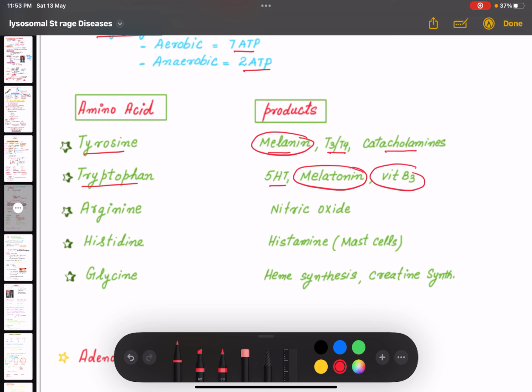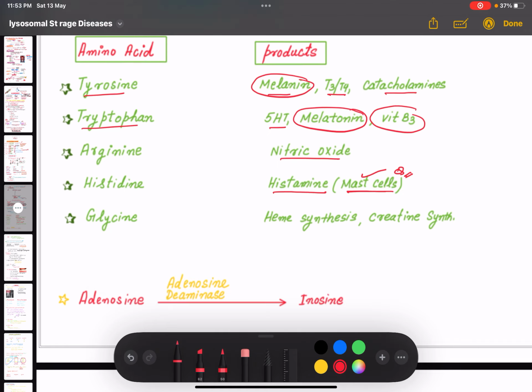From arginine we get nitric oxide, and from histidine we get histamine. From what cells do we get histamine? That is mast cells. FMGE exam question. And glycine is also important for heme synthesis and creatine synthesis.